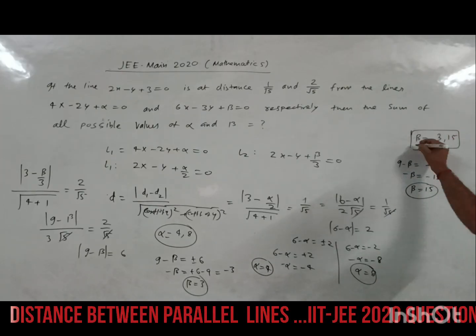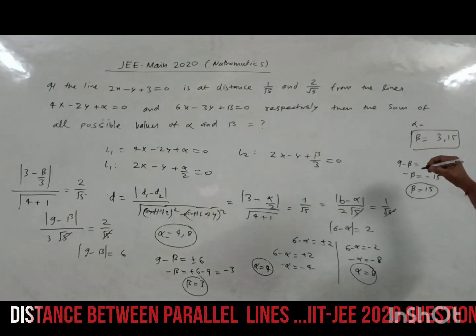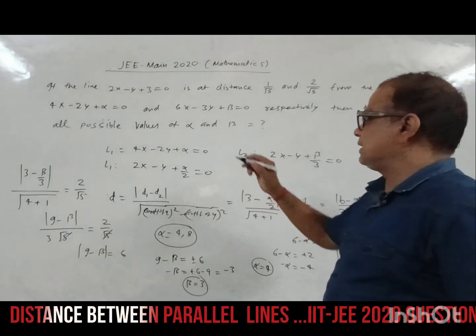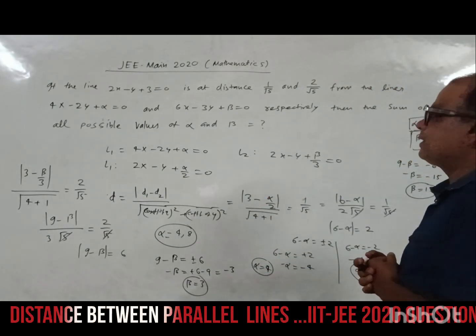We already found the values of alpha, that is 4 and 8. Okay, so we require the sum of the values of alpha and beta.